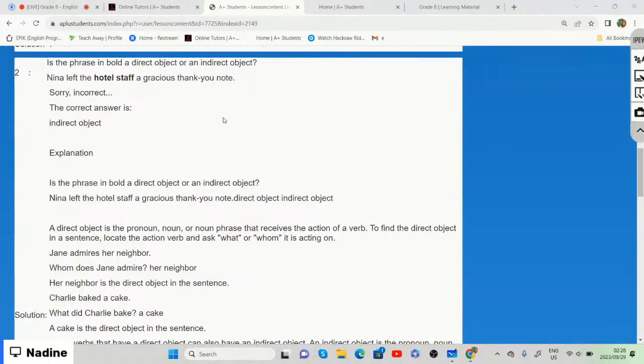So we will say hotel staff comes between the verb as well as the direct object, so this is an indirect object.